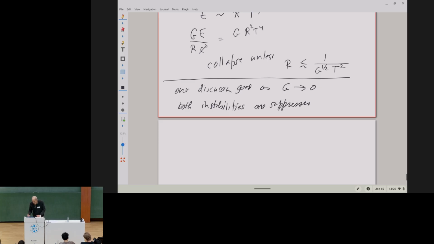So you can't have perfect equilibrium of a black hole with thermal radiation in an asymptotically flat space, but you can come arbitrarily close to that in the limit that G goes to 0.